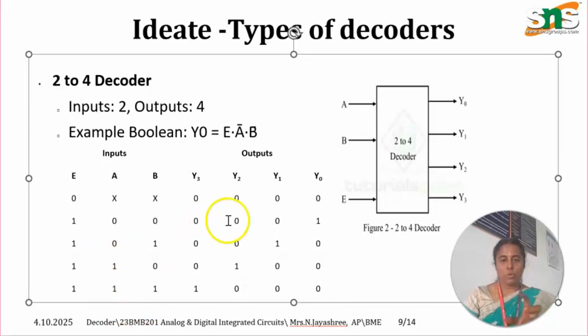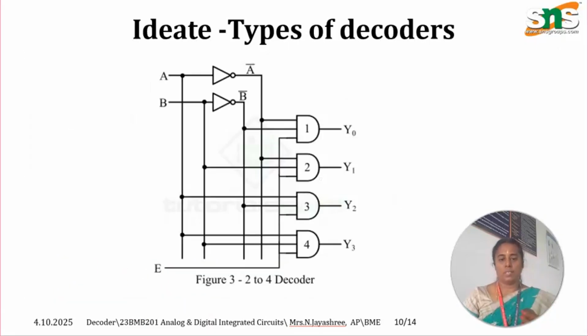If it is 0 0, we enable the output pin Y0. If it is 0 1, the output is 1 and we enable Y1. If it is 1 0, we enable Y2. If it is 1 1, we enable Y3. So this is the block diagram of this decoder: 2 inputs, 4 outputs and 1 enable signal.